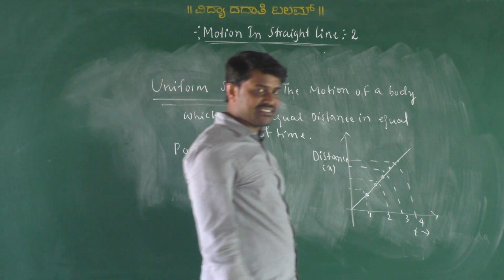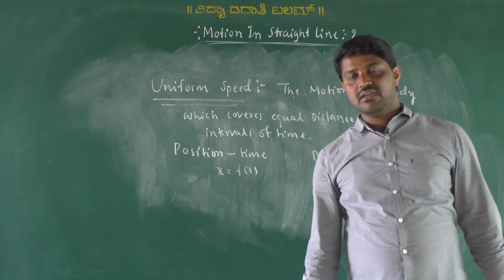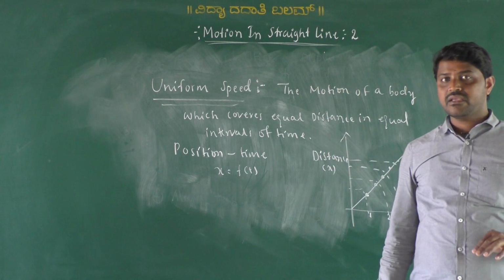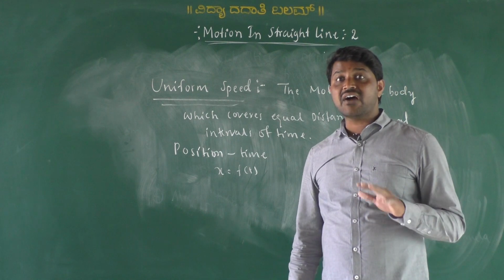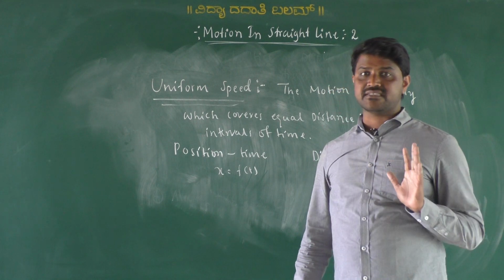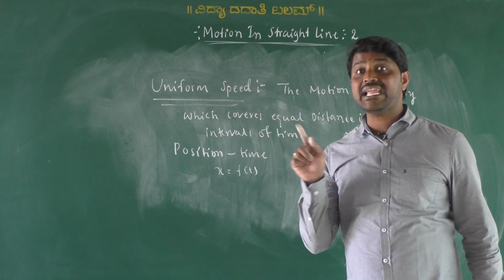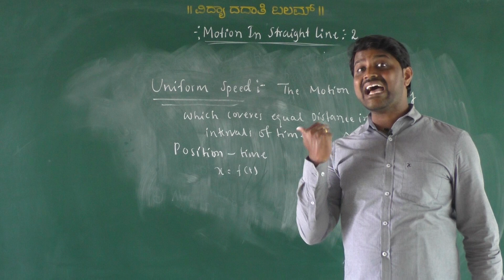Now question arises, if motion of an object, ಒಂದು ಬಾಡಿ ಮೂವ್ಮೆಂಟ್ ಆಗ್ಲಿಕ್ಕತ್ತದ, if that body covers unequal distances, ಎಷ್ಟಂದ್ರೆ ನಮಗೆ ಗೊತ್ತಿಲ್ಲ, unequal distances in equal intervals of a time ಆದಾಗ what is the answer?